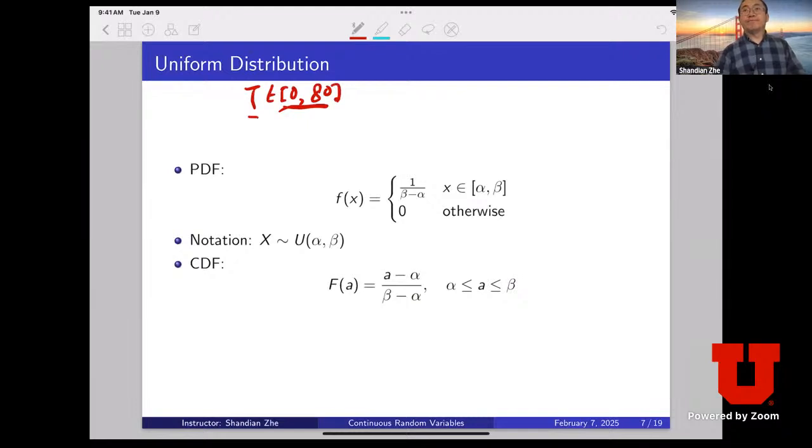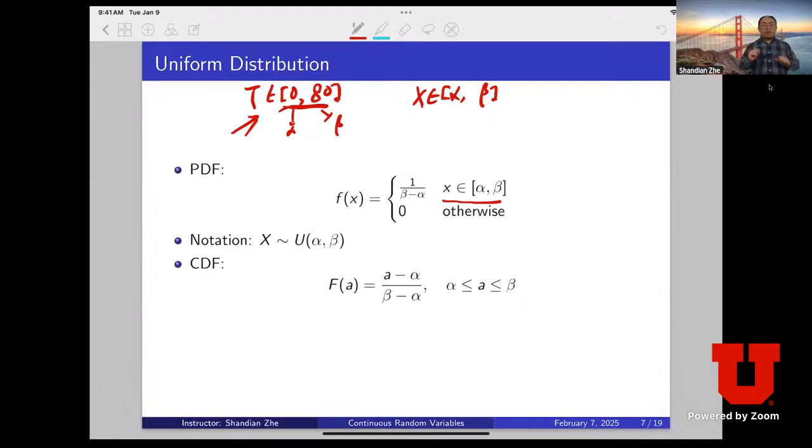So what's the general definition for the uniform distribution? First, we need to specify the range of the random variable. In general, we assume X is in a range between alpha and beta. Going back to our late arrival example, alpha equals 0 and beta equals 80.